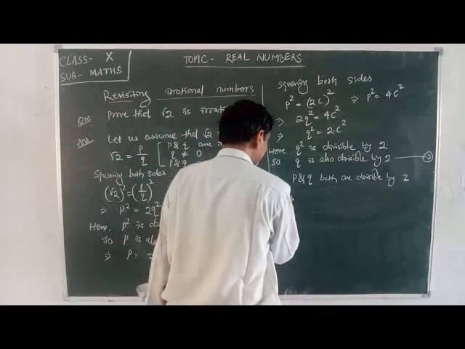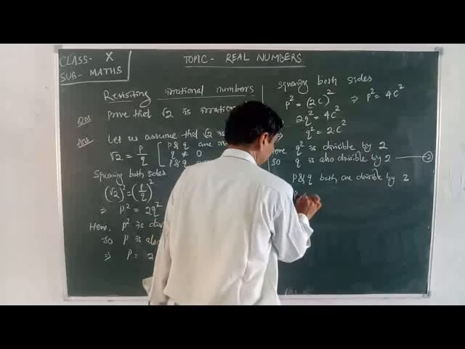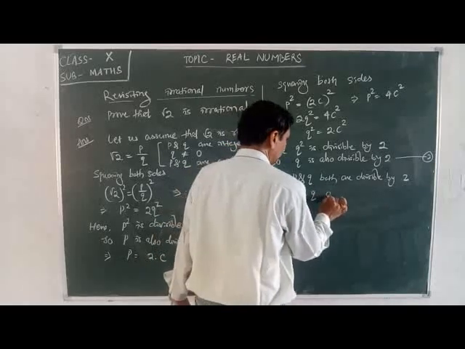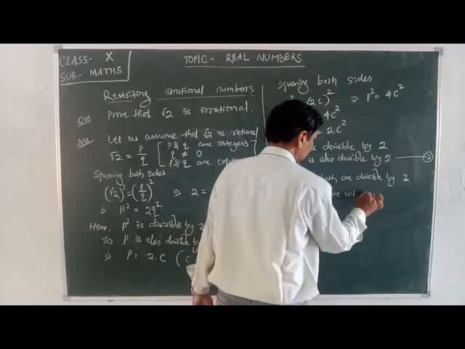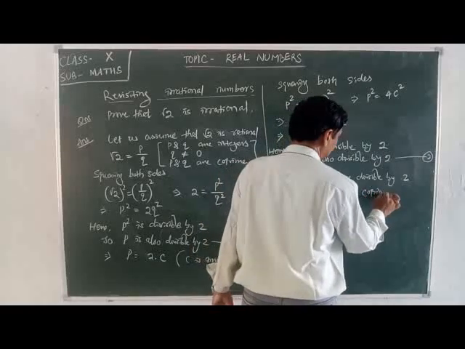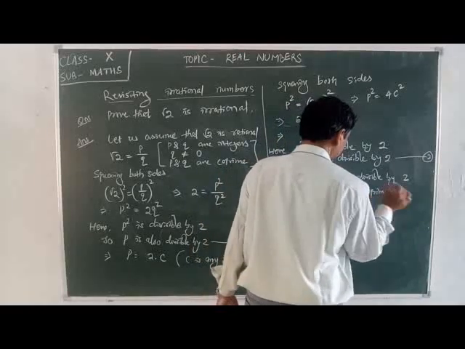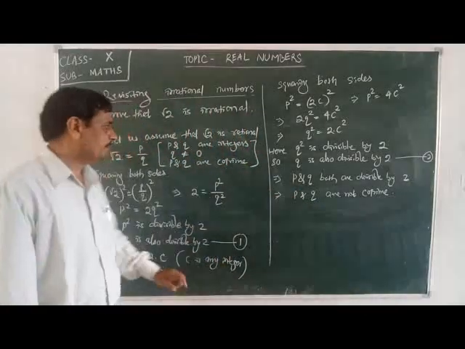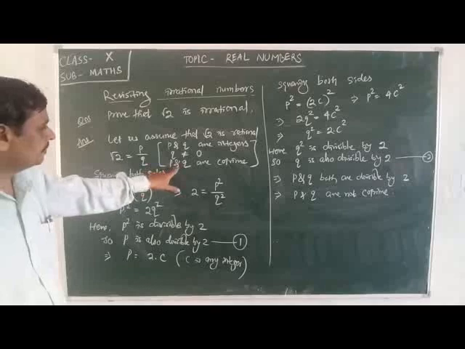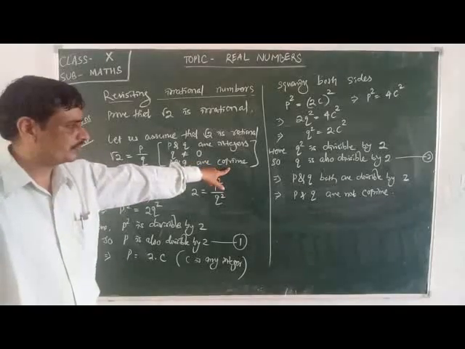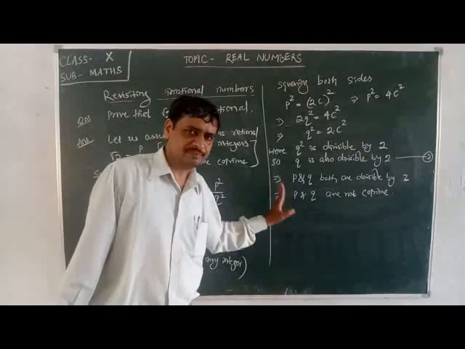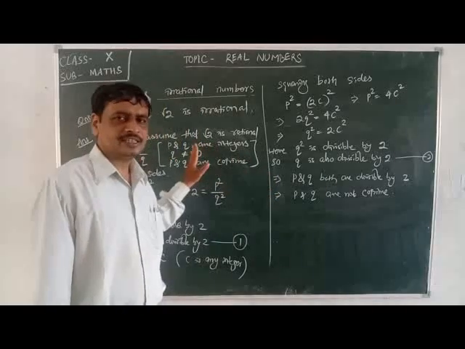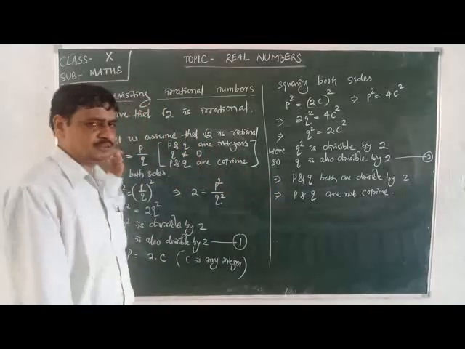This implies p and q are not co-prime. But it is assumed p and q are co-prime. Now what is assumed here is wrong.